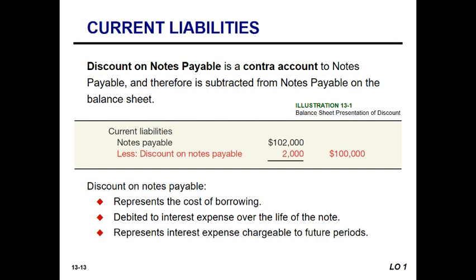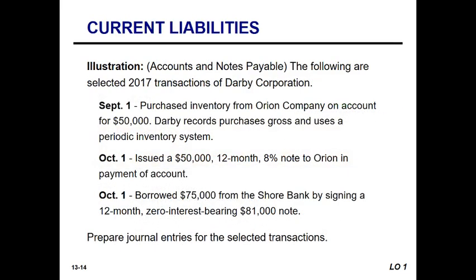Now, before we move into some of the other types of current liabilities, we're going to talk about Orion Company and give you some examples here. This relates to both accounts and notes payable from 2017 transactions at Darby Corporation.